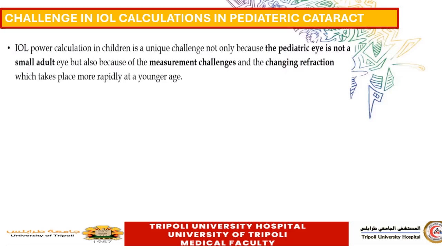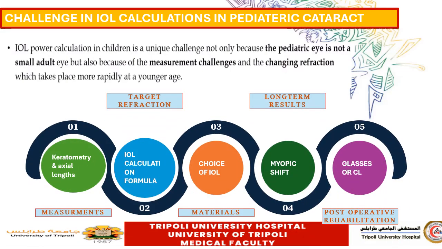So this represents a strong and important challenge to the surgeons to achieve a satisfactory result and emmetropia after cataract surgery. The main challenging points in congenital cataracts are, first, the keratometry and the axial length. As I said, the axial length is changing and the keratometry is changing.